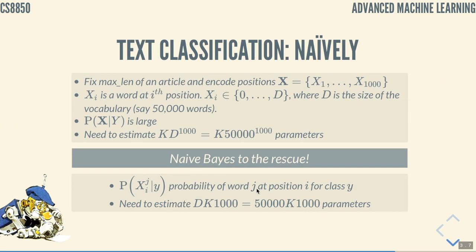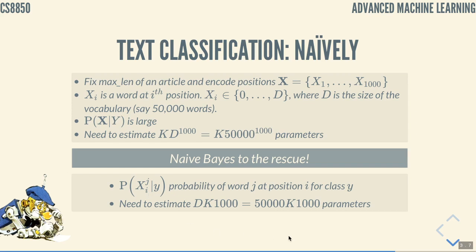So for each of the conditionals for each of the features, given a single class, we have 50,000 parameters to estimate, because that is the number of values this word at this position can take.